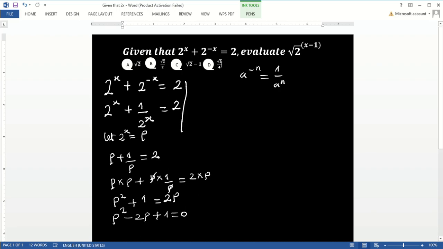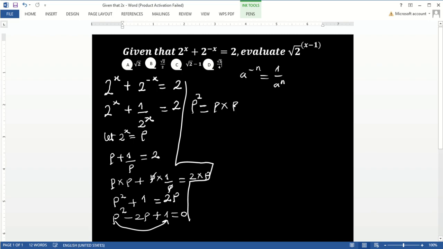We need to solve by using a particular method. Let's use factorization method. Here we have p square minus 2p plus 1. In factorization method we use the term containing square to multiply the constant term, and that gives p square. The factors of p square are just p times p.